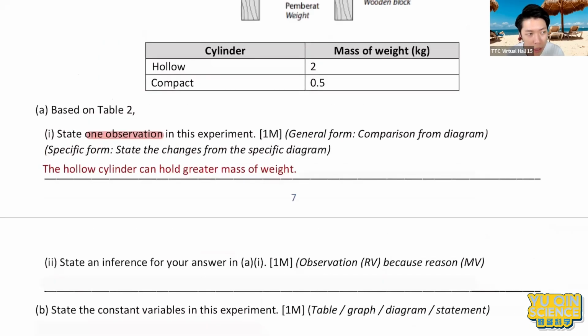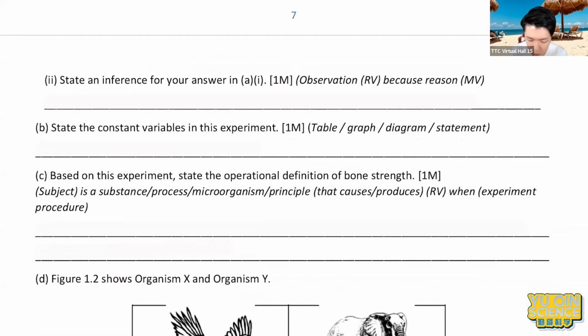Hollow, compact, what are we talking about actually? We're talking about can withstand means strong. The reason why you can withstand more weight is strong. I think you need the word strong, something like that.